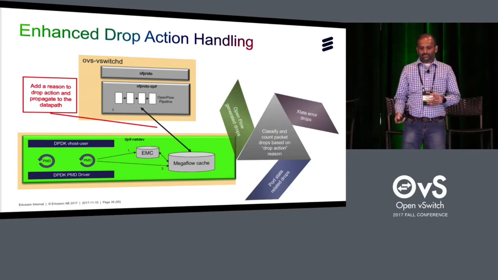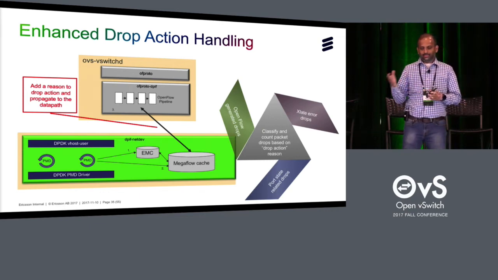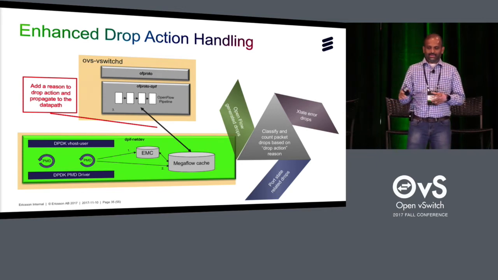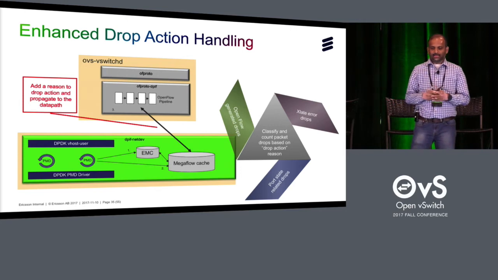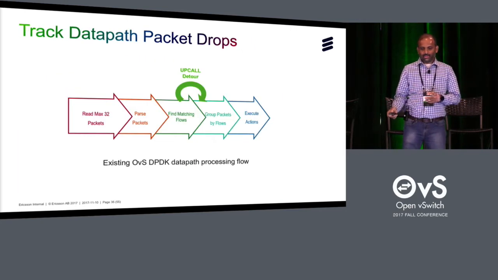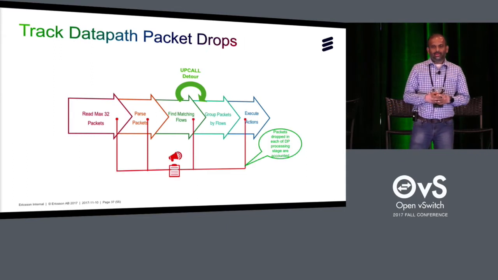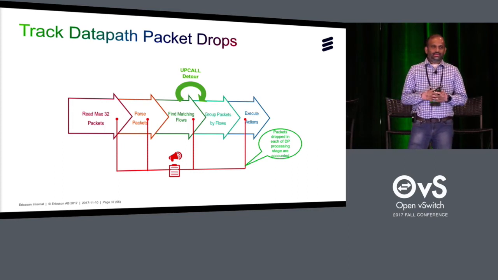We use this drop reason later to classify the drops caused by the drop action. Here I have shown a very high-level classification. In the next slides, I will show a detailed classification done for the packet drops. Again, any drops happening during any stage of the data path processing are now accounted and classified, so that we can get an overview of where the packet drops are happening.